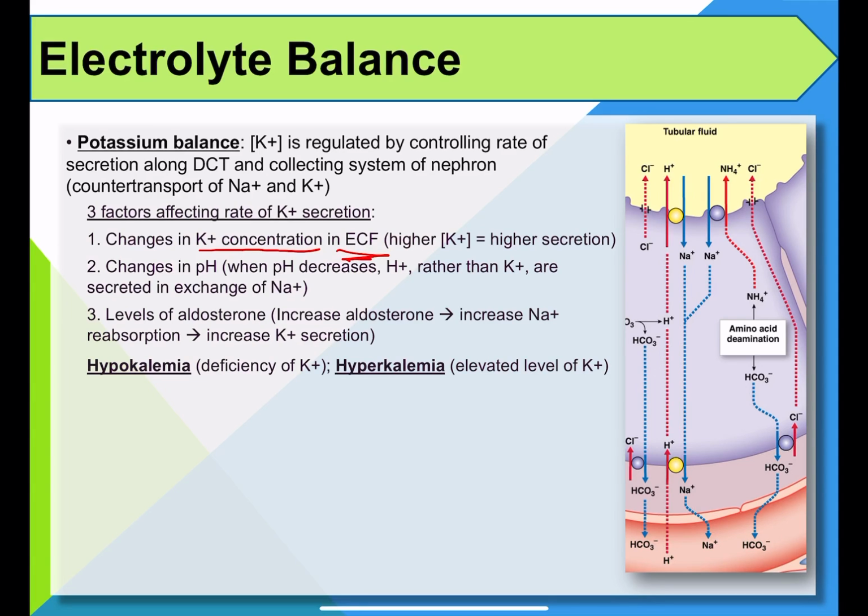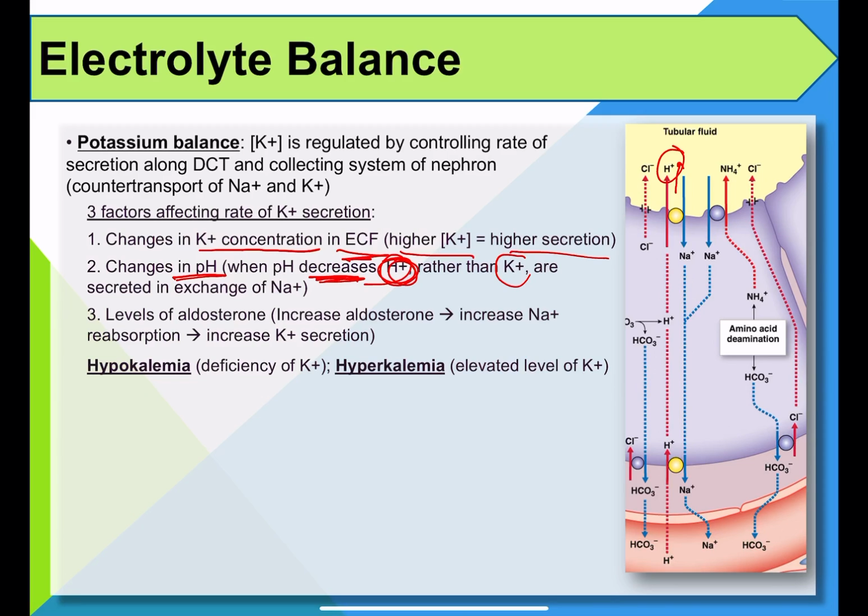If you have too much potassium, then it's going to secrete more. Changes in the pH also affect potassium secretion, because when your pH decreases, hydrogen ions will be excreted rather than your potassium ions. Remember this potassium ion secretion if your pH gets too acidic.